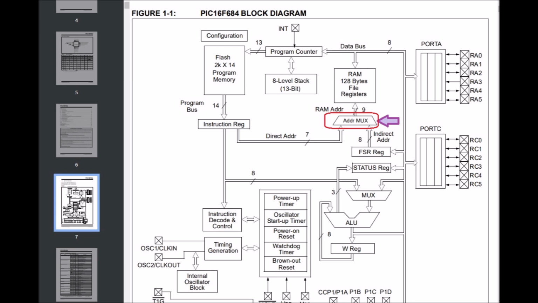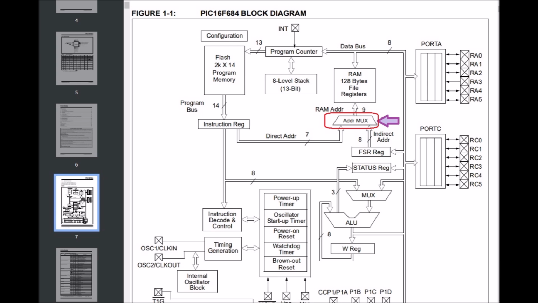Program counter. The address multiplexer typically selects the address from the program counter during the normal execution flow, allowing the sequential fetching of instructions from the program memory.